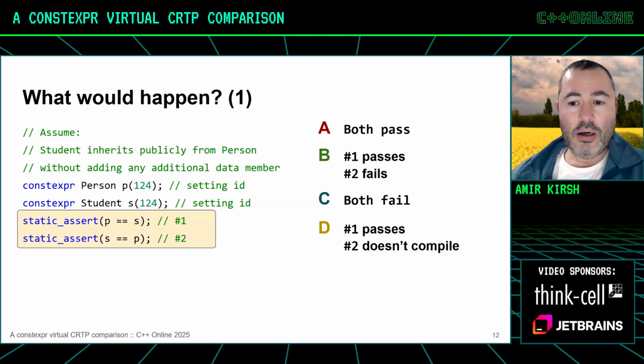Or maybe one passes, the first one, and the second would not compile. So I will let you think for a moment. It requires some thinking. What is the difference between the first one and the second one? Should be any difference in the result. And once you cast your vote, I will share with you the actual result if we run this code.